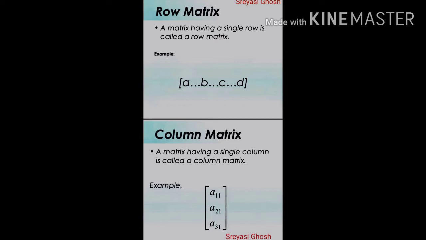Similarly, when we discuss the column matrix, in the example we will find that there is a single column comprising a11, a21 and a31, but 3 rows. Each row comprises one element: first a11, second a21 and last a31.